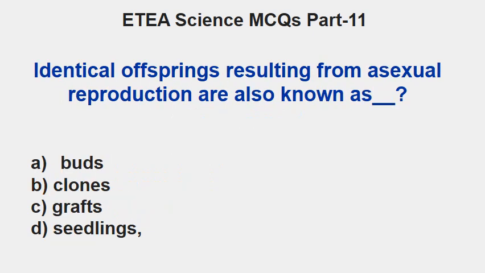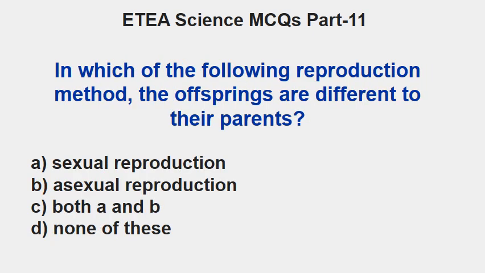Identical offsprings resulting from asexual reproduction are also known as? In which of the following reproduction method, the offsprings are different to their parents?